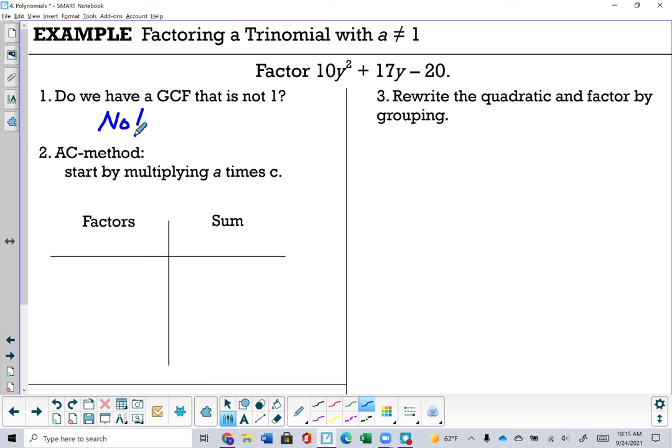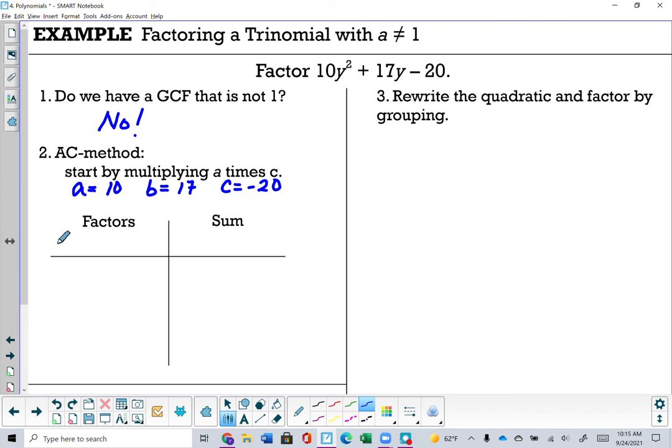Now we're getting ready for our AC method. So let's identify our values for our A coefficient, our B coefficient, and C coefficient. A equals 10. B equals 17. C equals negative 20.